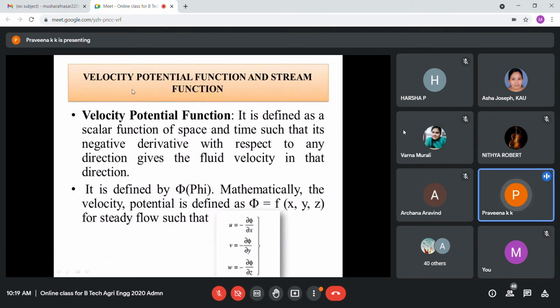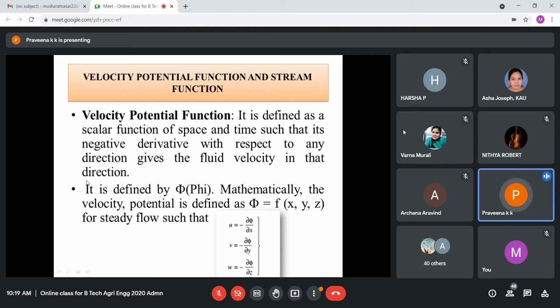We can see the velocity potential function and stream function. The velocity potential function is defined as a scalar function of space and time such that its negative derivative with respect to any direction gives the fluid velocity in that direction.